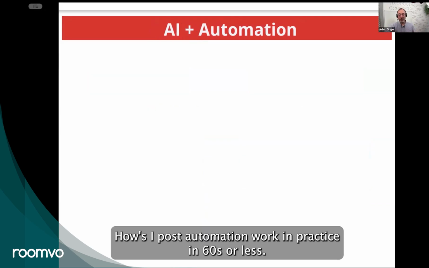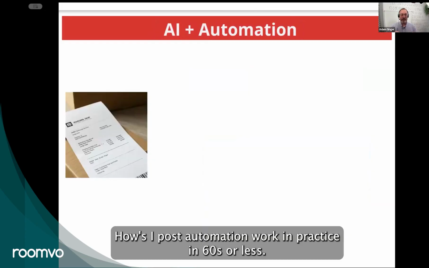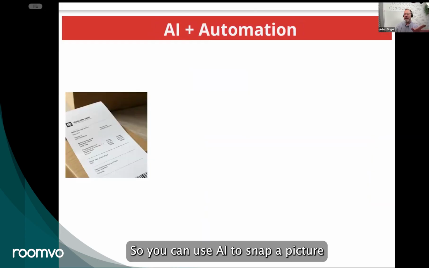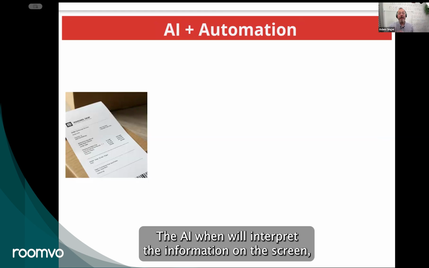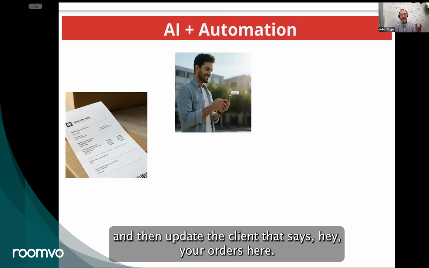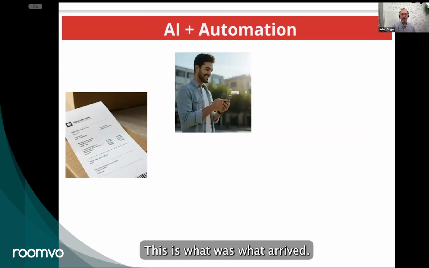How do AI and automation work together in practice? You can use AI to snap a picture of a packing slip that comes when a delivery is received. The AI will interpret the information on the screen, and the automation will then update the client: hey, your order's here, this is what arrived.